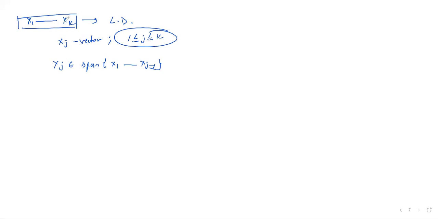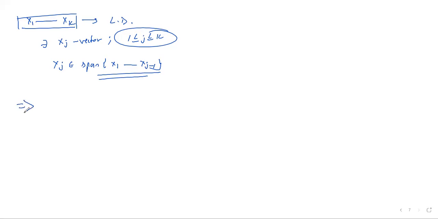What did I say? That x1 to xk is linearly dependent if there exists a vector xj which is in the span of x1 to xj minus 1, which means that xj can be represented as a linear combination of x1 to xj minus 1.